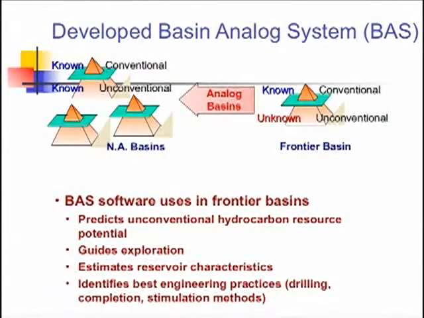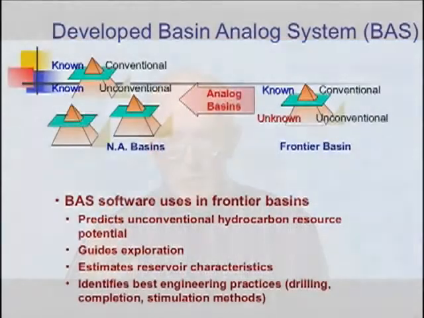We've developed some software. We'll use the acronym BAS for Basin Analog System, and we've developed the first version of this software with a lot of help from people from industry and from our sponsors. What the basin analogy software does, it predicts unconventional hydrocarbon resource potential.